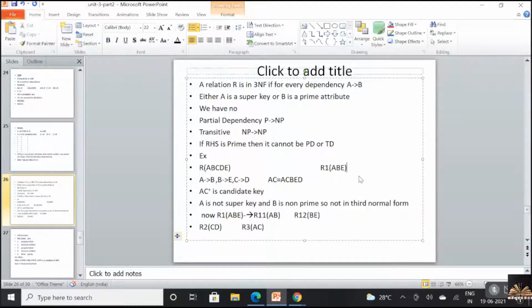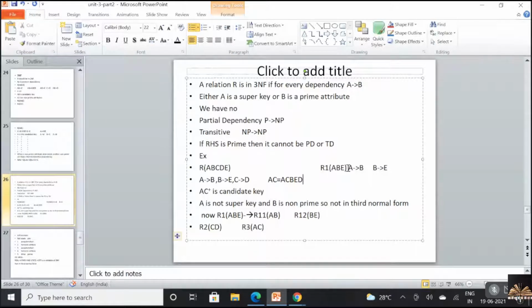Now, what are the dependencies over here? A implies B is one dependency, and I've got B implies E as one more dependency. Again, look at these two. Is A a super key, or is B a prime attribute?